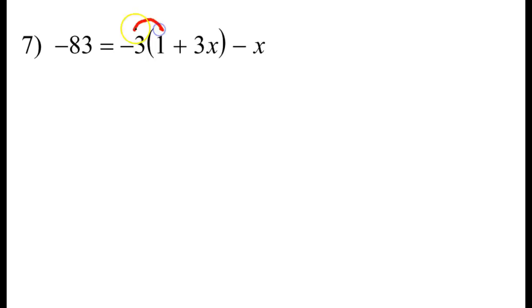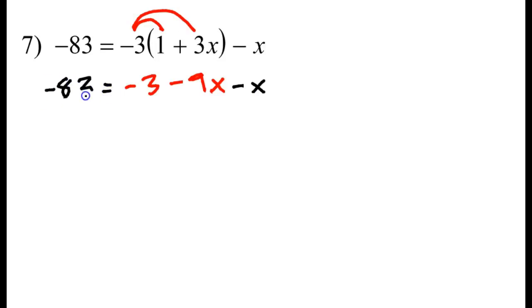This one. I will tell you the most common mistake is just your negatives, so just be careful on negatives. And then these two are both variables and are on the same side, so combine them.